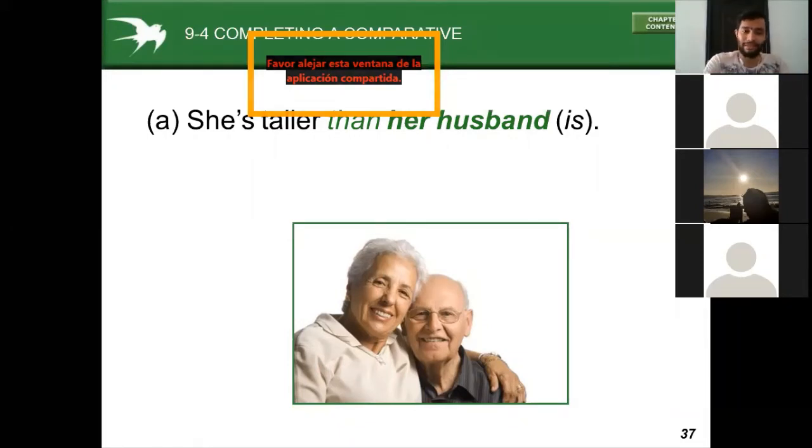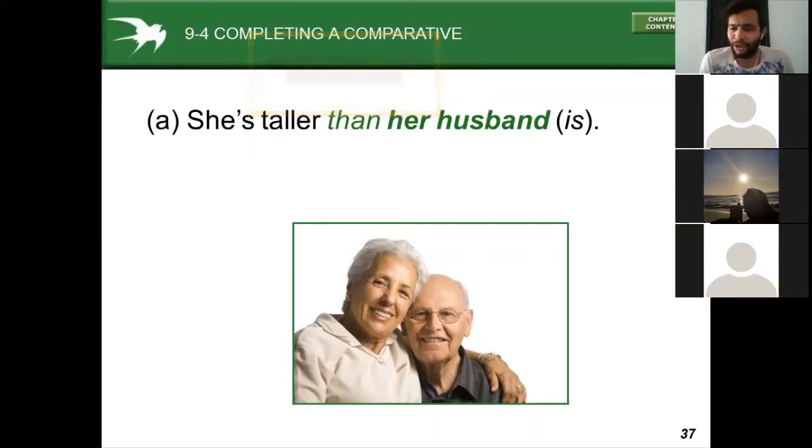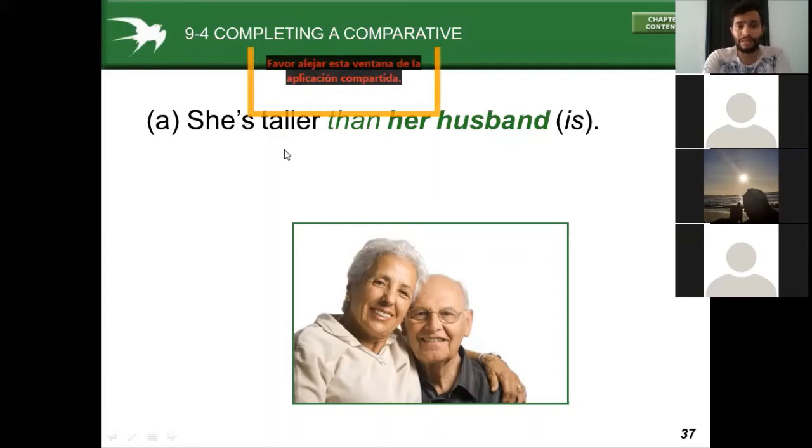Ella es más alta de lo que su marido es. Exacto, pero la manera más formal de decirlo sería, ella es más alta de lo que su marido es. ¿Cómo decimos esa manera formal? Solamente completando la oración, en este ejemplo específico, usando el verbo to be. So, she is taller than her husband is, right? Por eso está entre paréntesis.